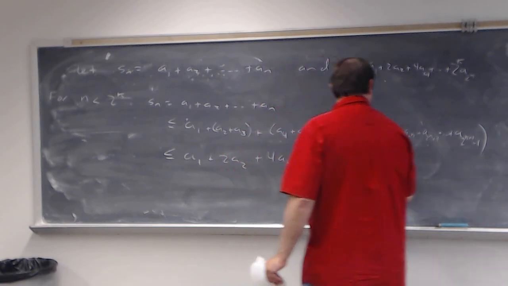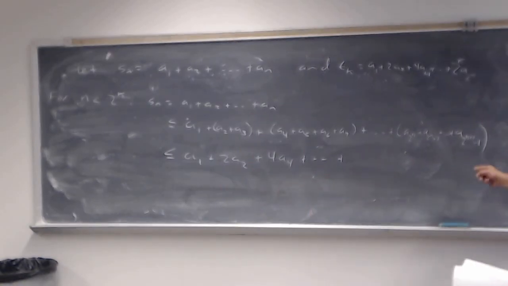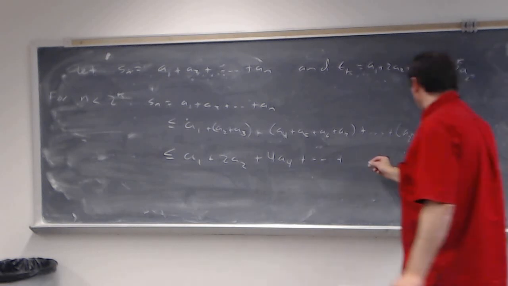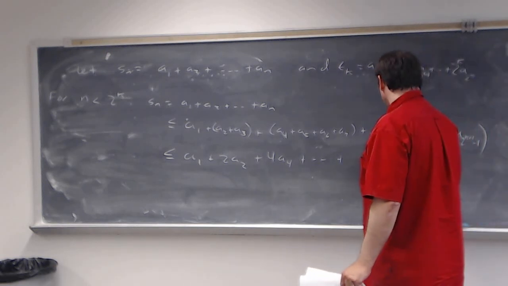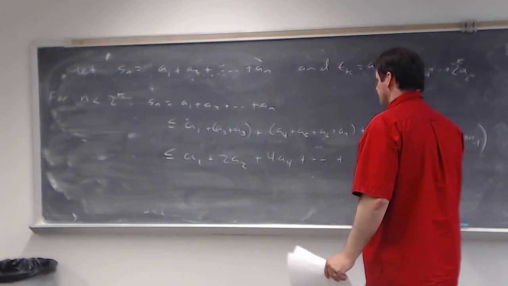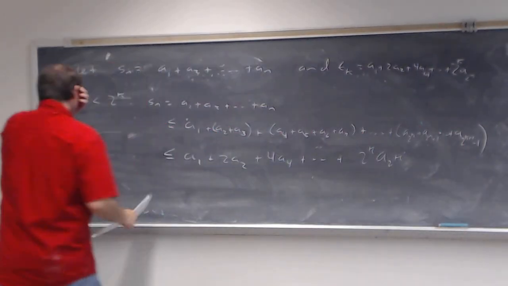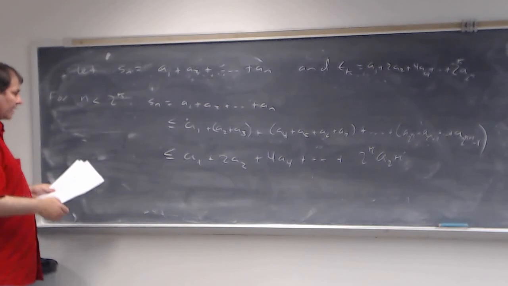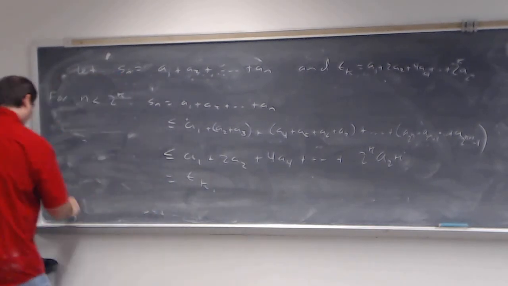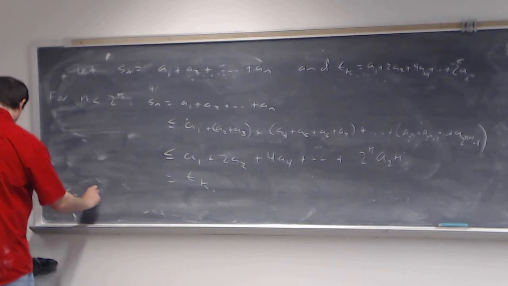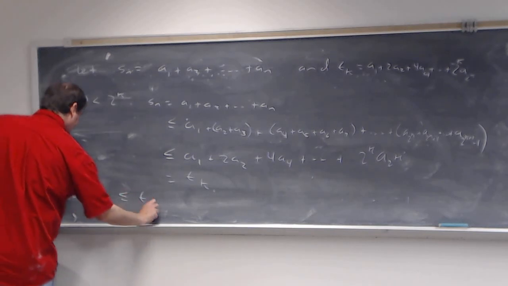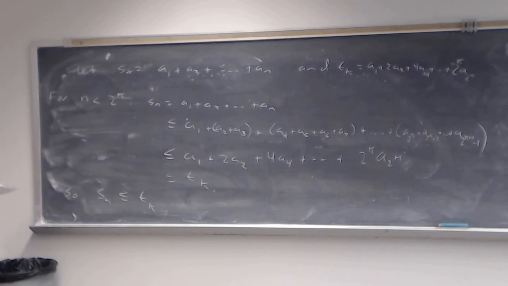Plus, we'll keep going. And so here I replace all of those by 2 to the k. So I'm going to have 2 to the k times a sub 2 to the k. And so this is equal to t sub k. Therefore, we have that S of n is going to be less than or equal to t sub k in this case, when n is less than or equal to 2 to the k.